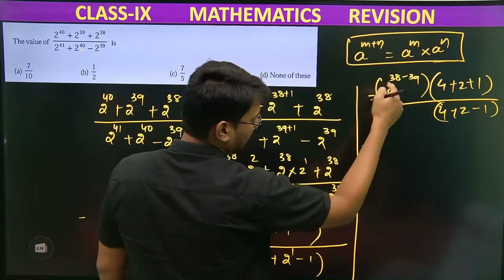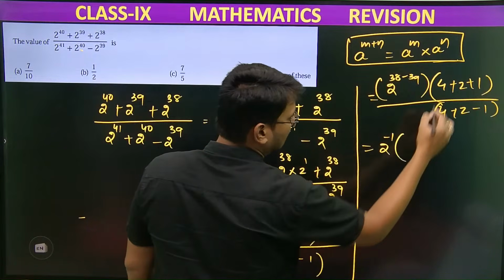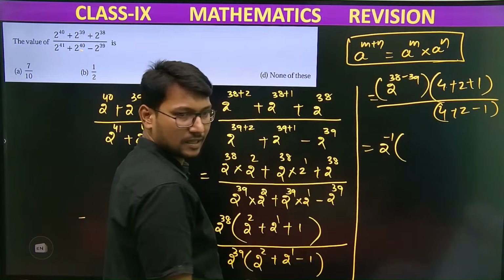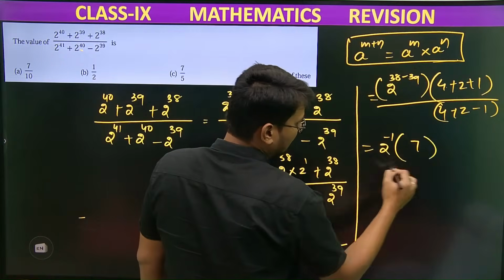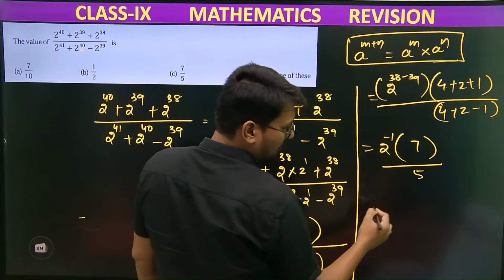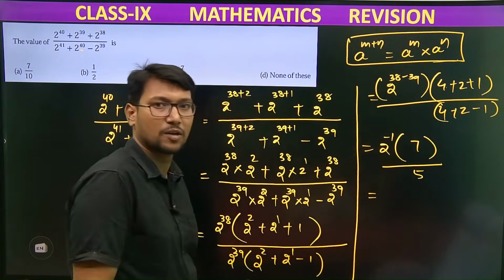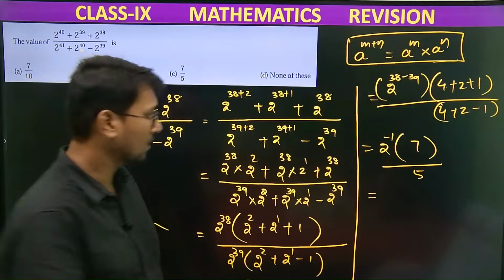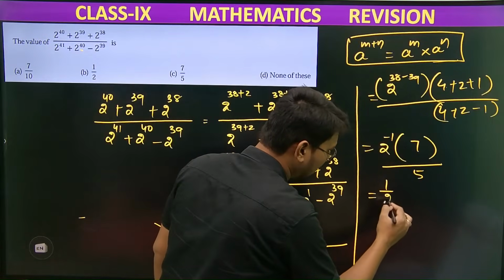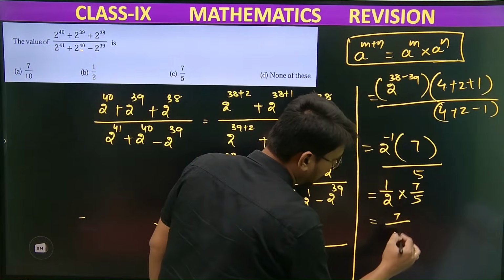What is its value? Its value is 2 to the power minus 1 multiplied by 4 times 2 is 8, plus 1 is 7, divided by 4 times 2 is 8, minus 5 is 3... so 7 by 5. What is the value of 2 to the power minus 1? 1 by 2. 1 by 2 multiplied by 7 by 5. What is the answer? 7 by 10.